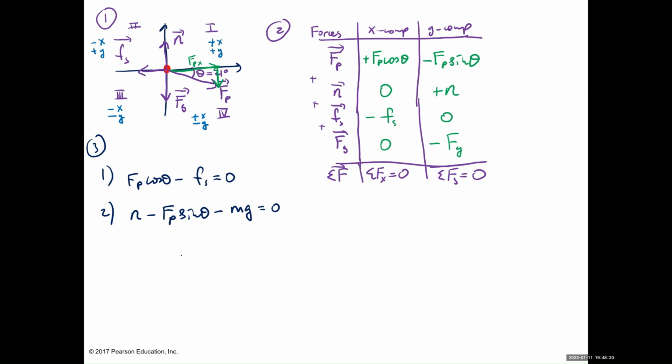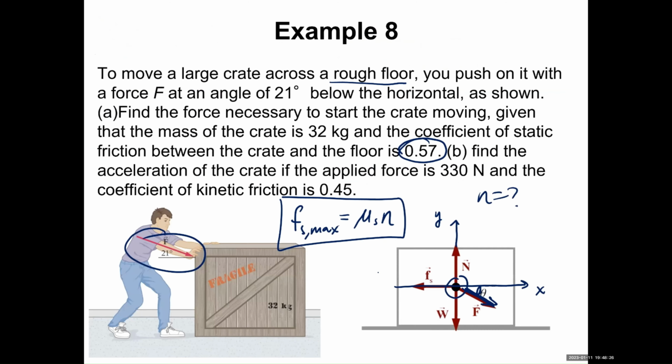And what we're trying to do here is find, let's go back, it says, find the force necessary to start the crate moving, given that we have 32 kilograms, so we have the mass. And if you have the mass, that means you can then calculate the gravitational force.